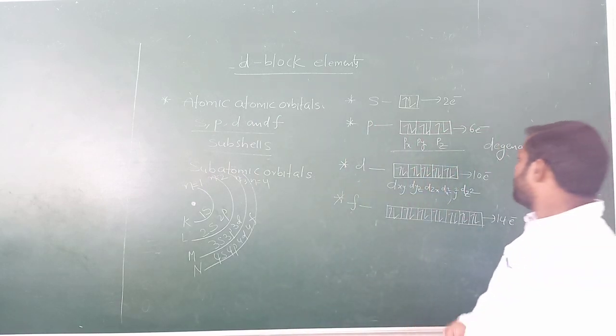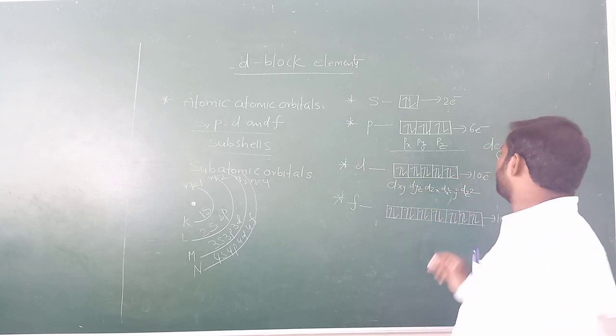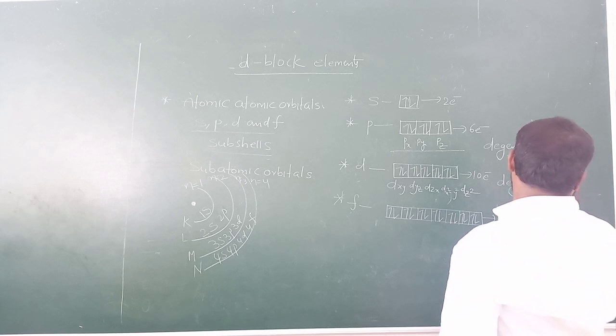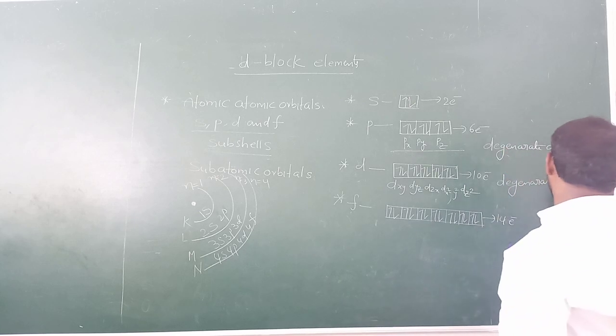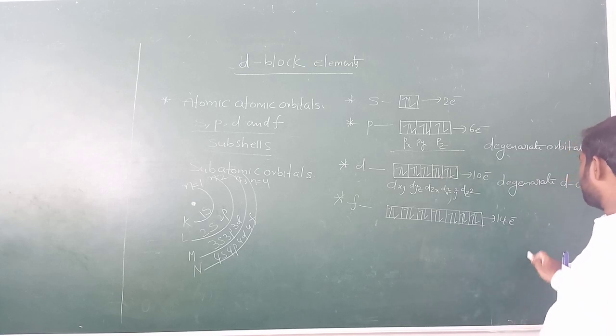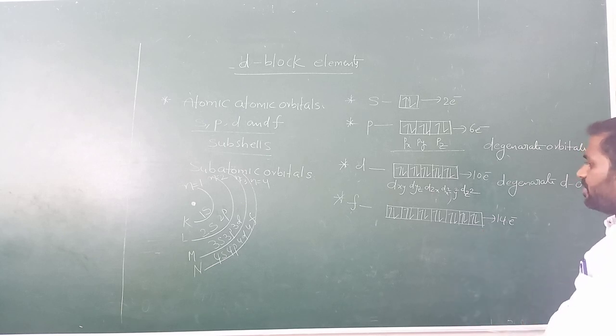Is it clear? And come to here, these 5 orbitals also have nearly the same energy, so we call them degenerate d orbitals. And the same for f: all have nearly the same energy, so they are degenerate orbitals of f.